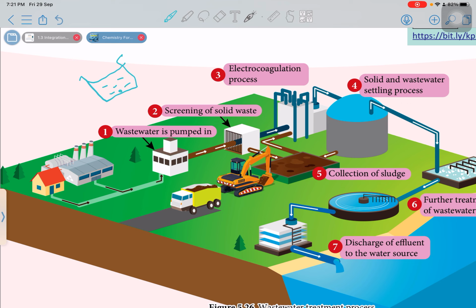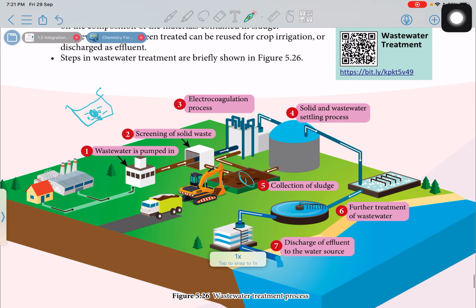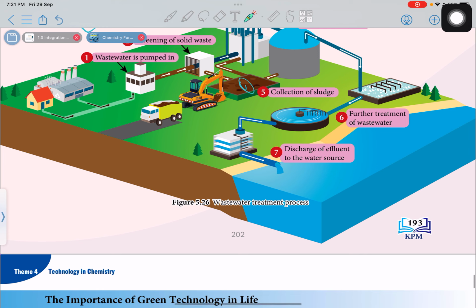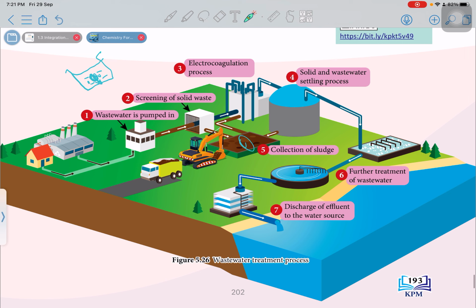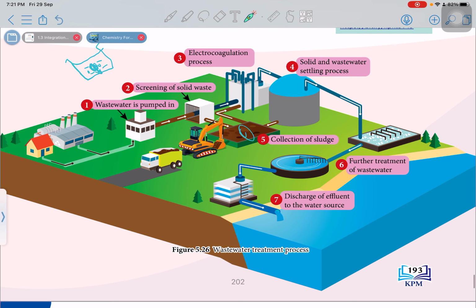Contoh macam ada ketulan. So sludge ni, ketulan ni akan berkumpul jadi satu ketulan besar dan mendak ke bawah. So itulah sludge. And then collection of sludge, and then further treatment of wastewater, finally discharge of effluent to the water source. So this is the process of how wastewater is managed.